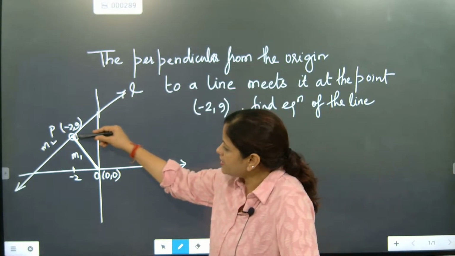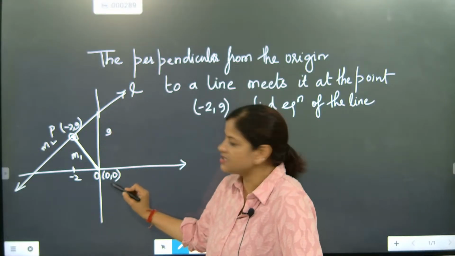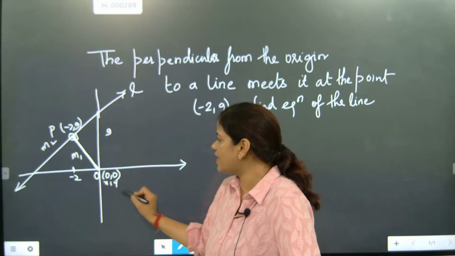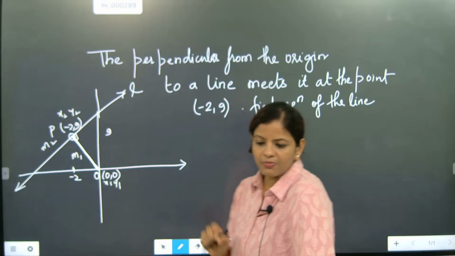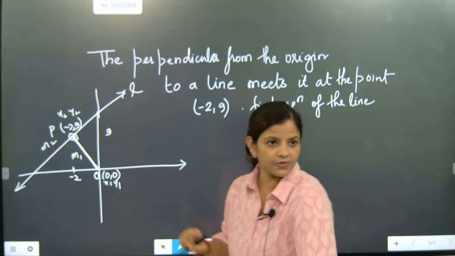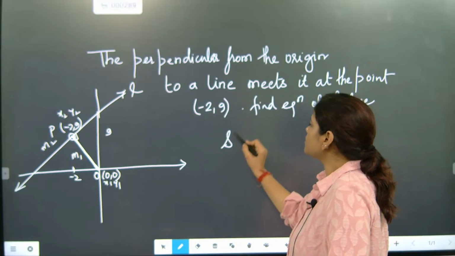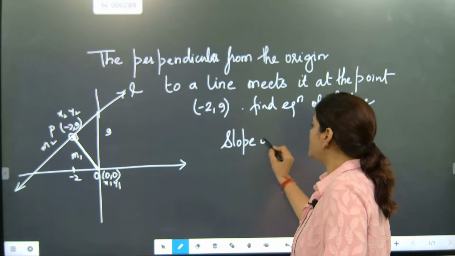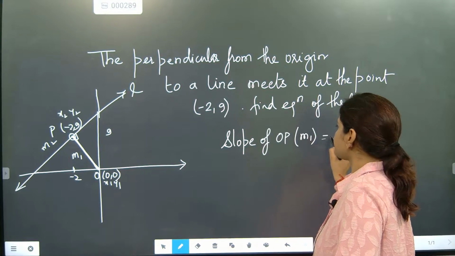So first I am writing the equation of this line. What is the slope of this line? This point is considered as x1 and y1, and this point is considered as x2 and y2. My major concept here is I want the slope of OP. So when I am solving slope of OP, we will take it as M1.